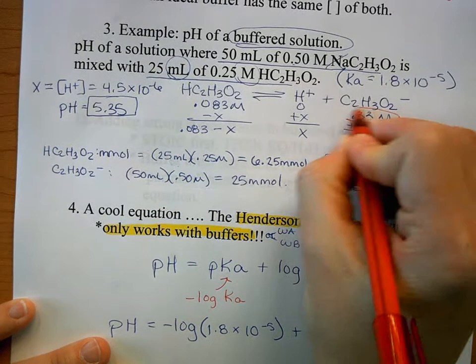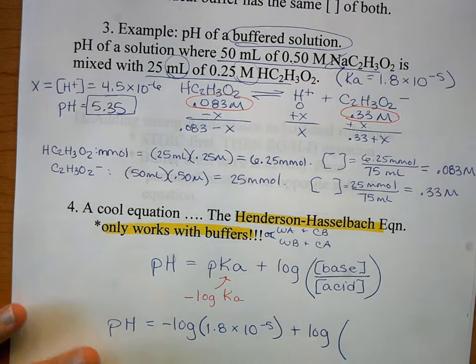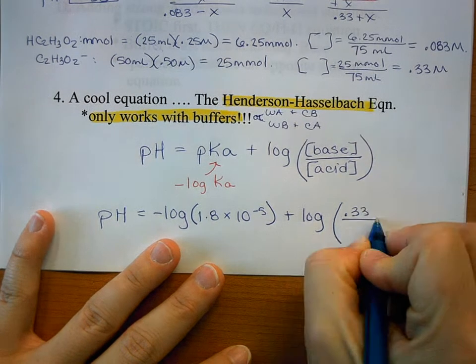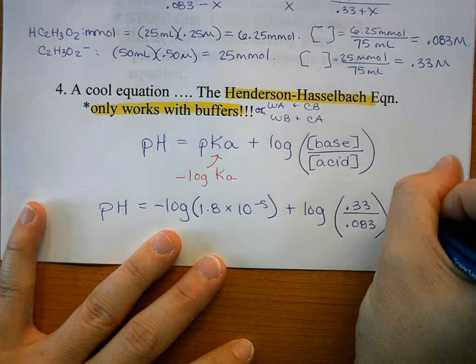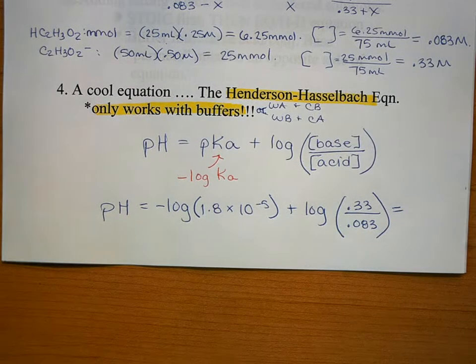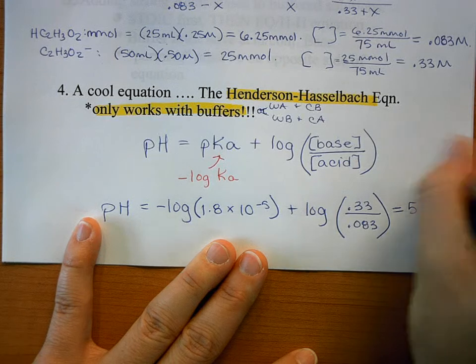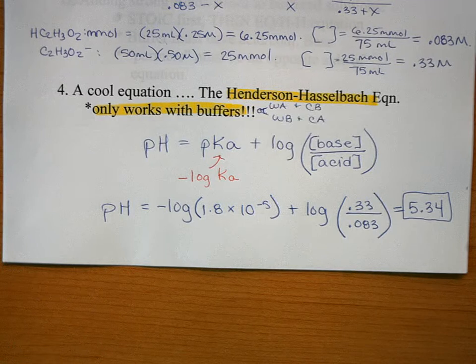So 0.33 is my initial concentration of acetate ions, 0.083 is my initial concentration of acetic acid. My base is the acetate ion, so that's 0.33 over 0.083. I want you all to practice plugging this into your calculator and make sure you get it plugged in correctly. You do get 5.34, and we got 5.35 in the previous example. That's close enough to work well.